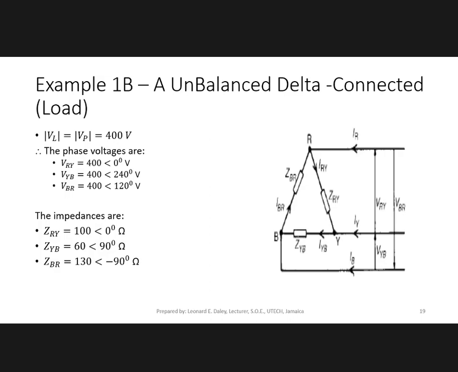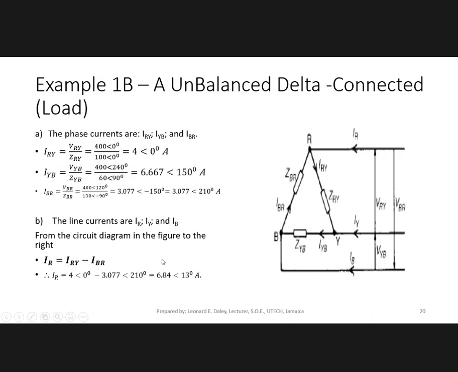So it's VI cos theta or I square R. All right. Now for the capacitor, it is 130 at angle minus 90 degrees. So the capacitor would be at a minus 90 degree in terms of its phasor.